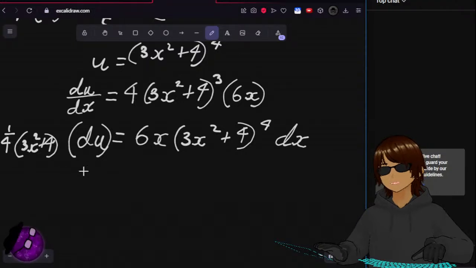So if I bring this to the other side, you will have 4 here, and this 4 becomes 3.